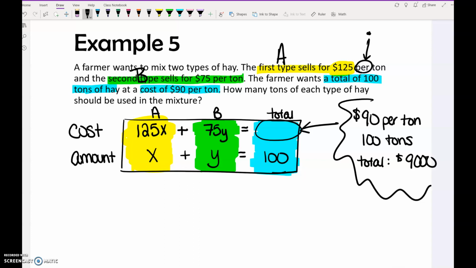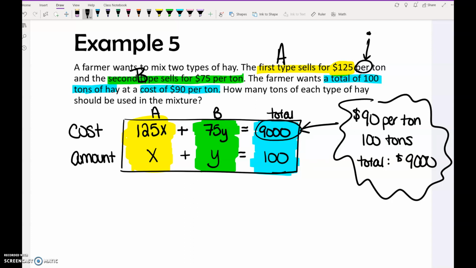So they don't actually give you all the information exactly how you need to use it, because they're saying that this total needs to cost $90 per ton, and we're buying 100 tons of it. That means we're going to spend $9,000 on this hay. So that's where that number comes from.